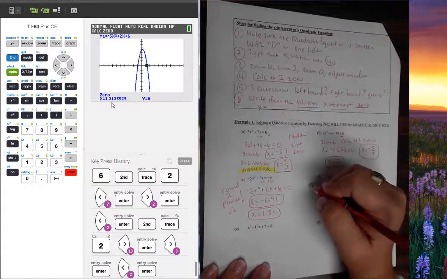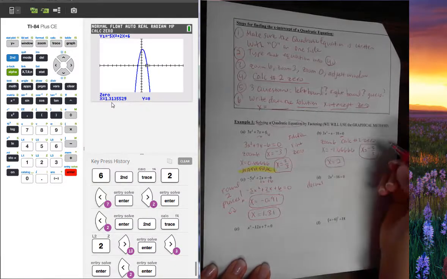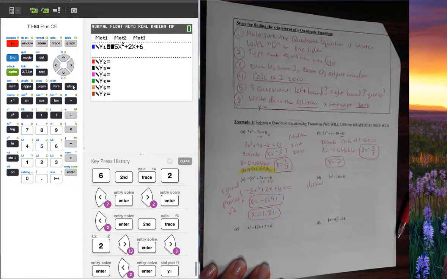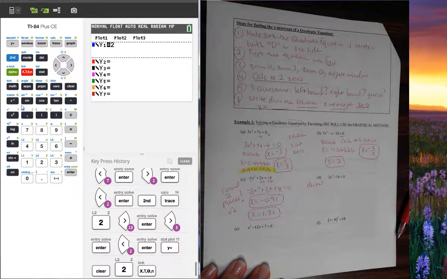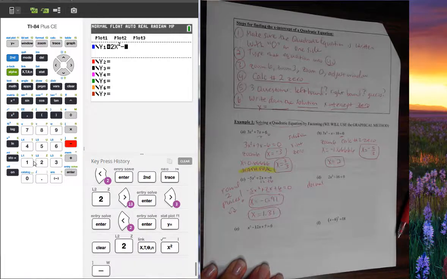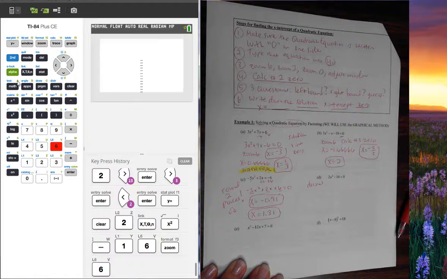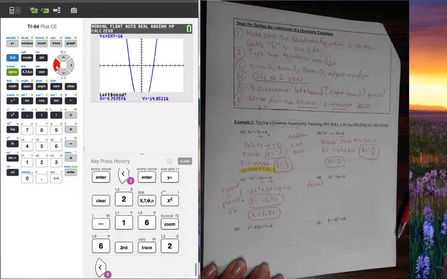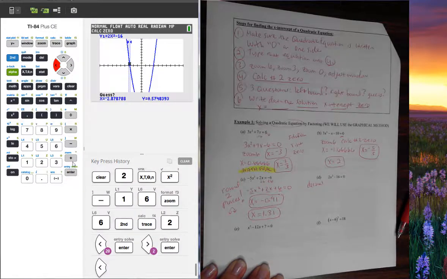Okay, another decimal on this one. 2x is already set equal to 0. Negative 2.83.